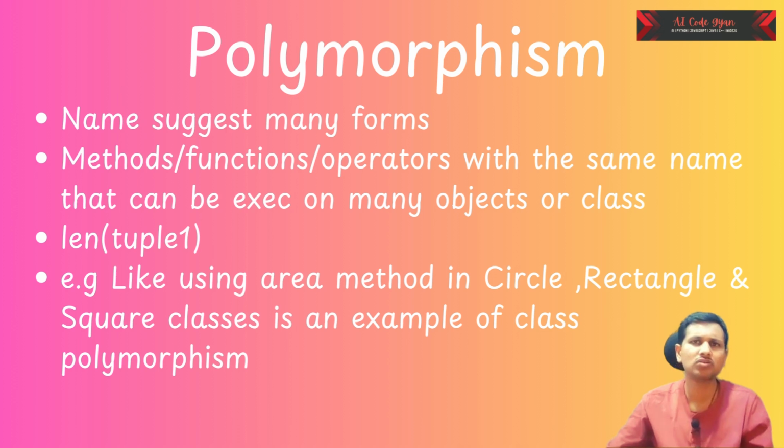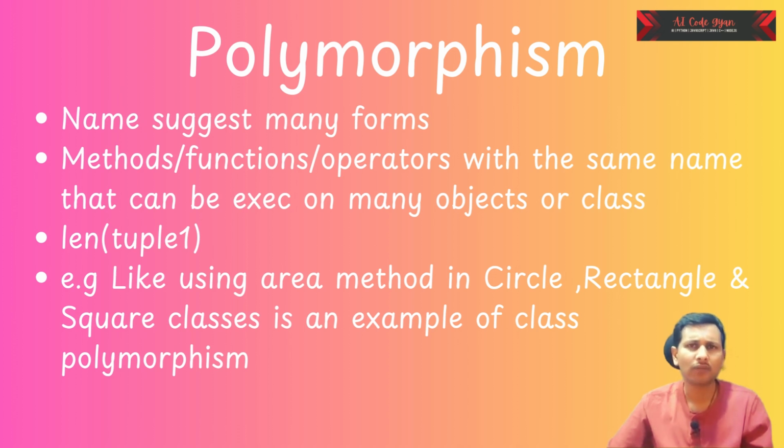We can have the area method used with overriding, which is an example of class polymorphism. Here the area method is working differently in circle, rectangle, and square classes, and also differently from the declaration in the shape class. Another example can be different vehicles, which can have different speeds and different movement. So we can have different types of polymorphism altogether.